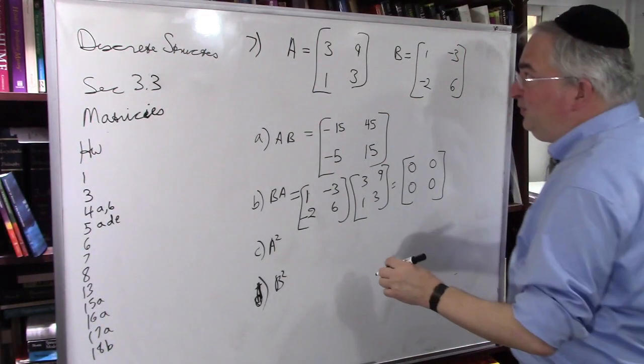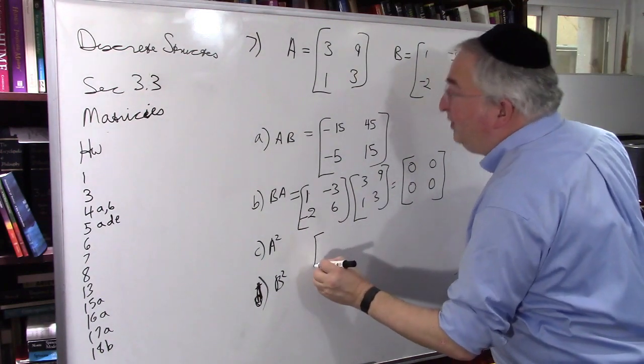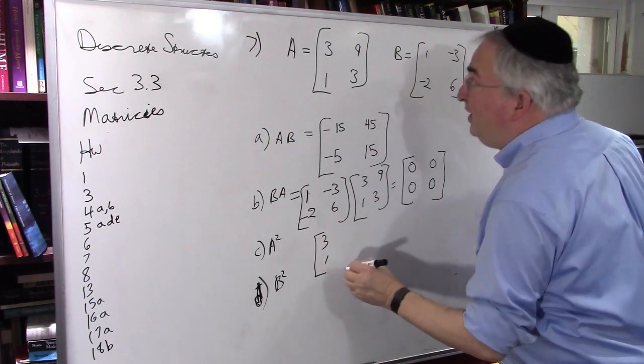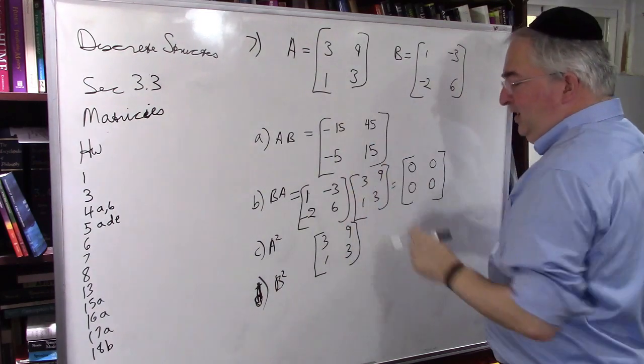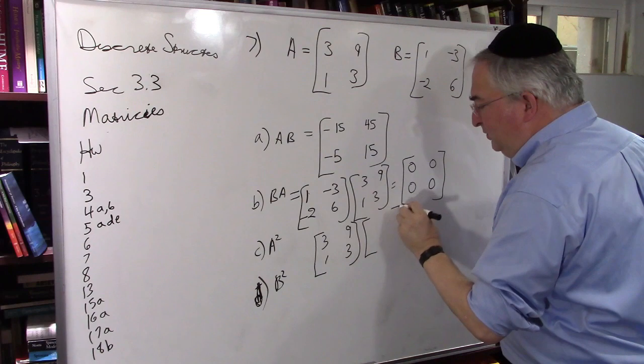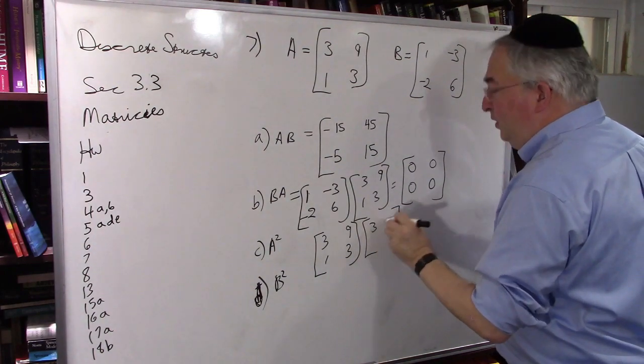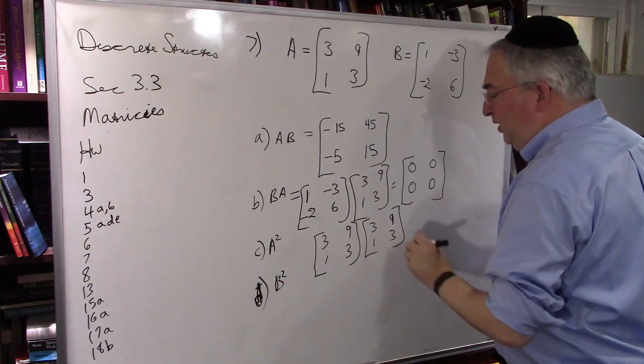Okay, A squared. Let's do A squared. I have to rewrite it, otherwise I'm going to get confused. Again, I might have made mistakes, but I don't see what. So this is A, and we're multiplying A times A. 3, 9, 1, 3.